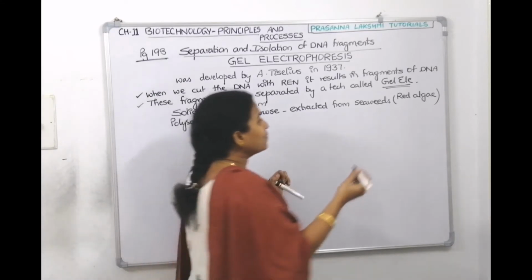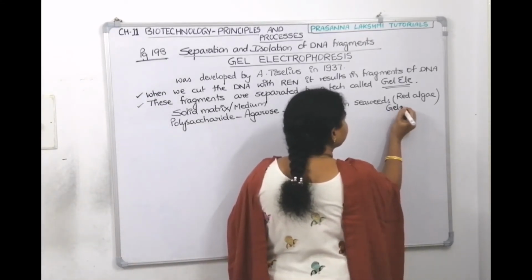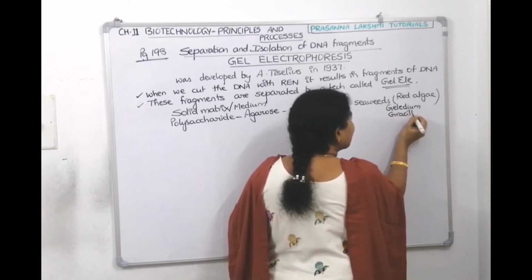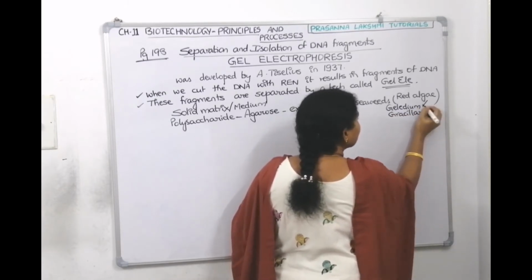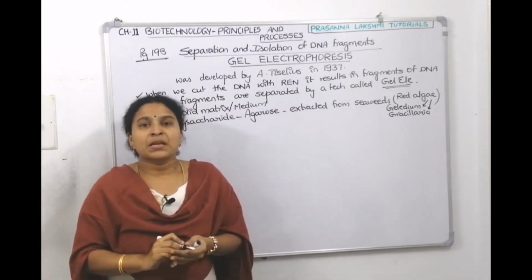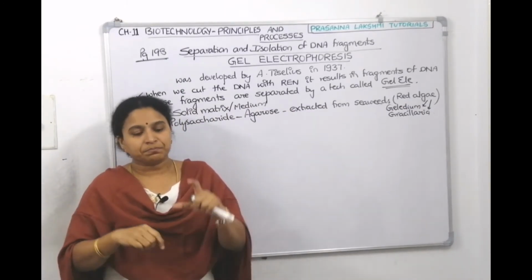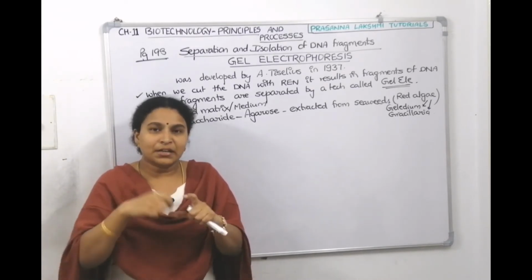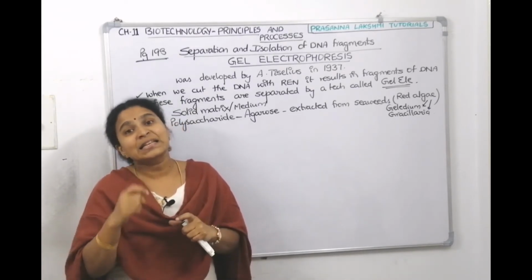So if you want the names also, we can write Gelidium and Gracilaria, the names of the red algae from which we extract the agar powder. Now bring the agar powder, dissolve it in a buffer solution and then heat it.